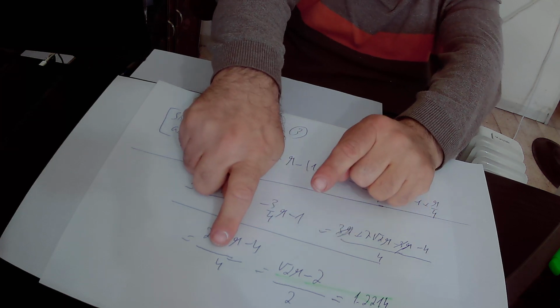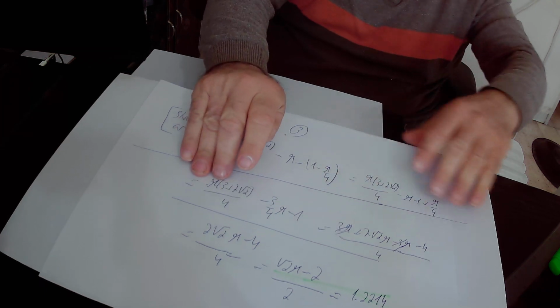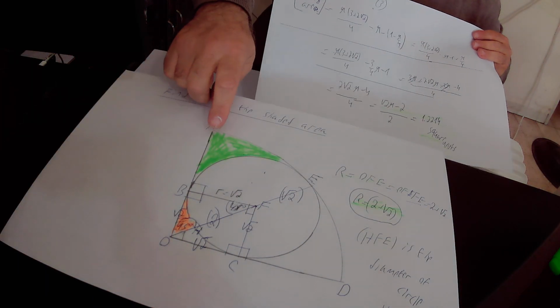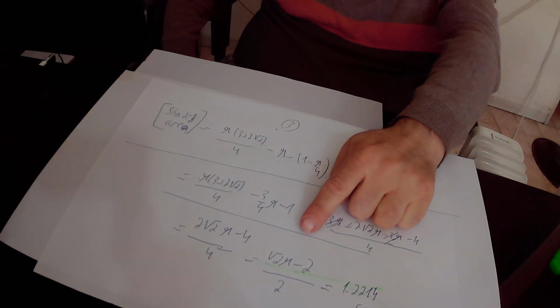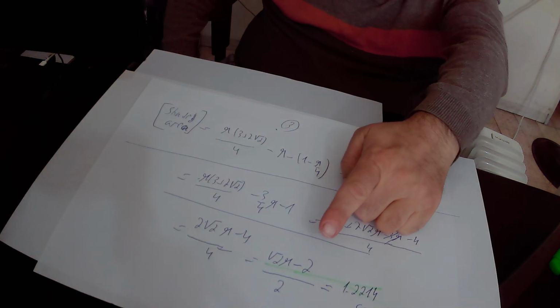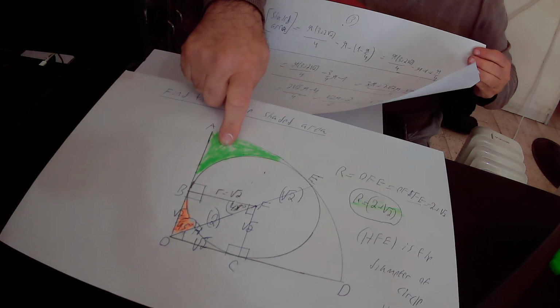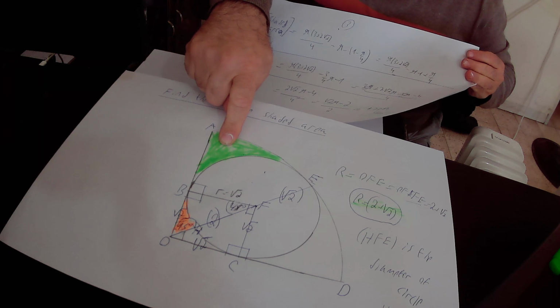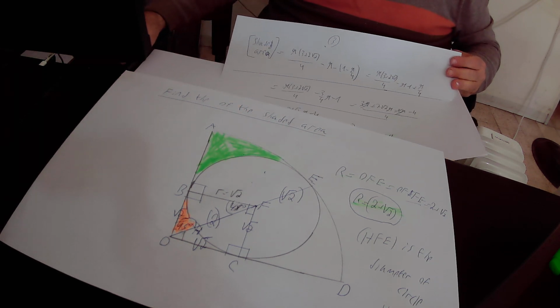And in the denominator we have 4, and 4 over 2 is 2. So in conclusion, we found out that the size of this green shape equals either square root of 2 times pi minus 2, over 2 square units, or in terms of numbers, the size of this green area equals 1.2214 square units. Okay, thank you very much.